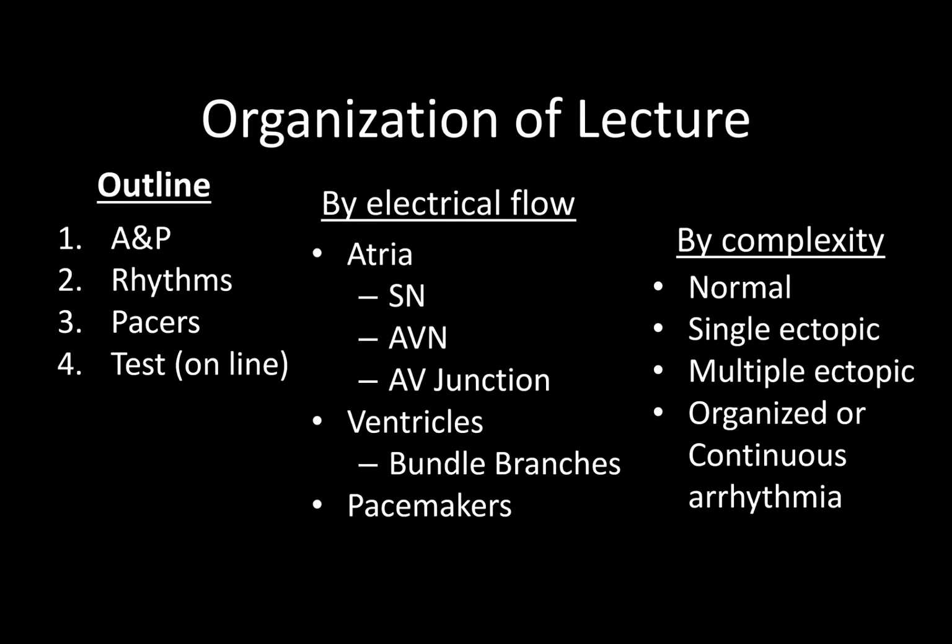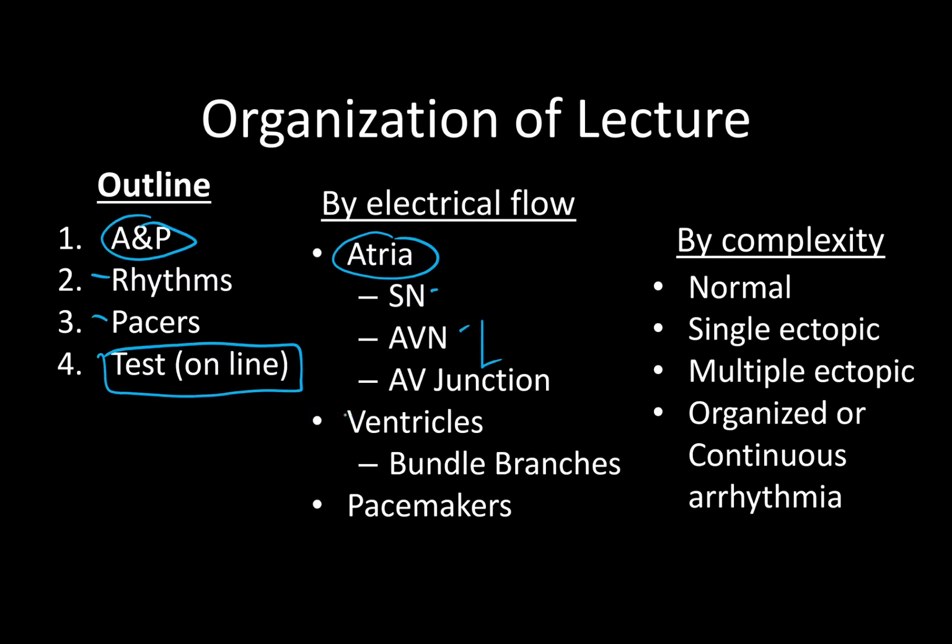All right, so here's your organization of the lecture. There's A&P to start with, then we'll go through the rhythms themselves. Pacemakers will go at the end, and of course there's your online test after everything's all said and done. Now each section is broken down. I'll start with the atria, sinus node, AV junction, which are essentially the same.